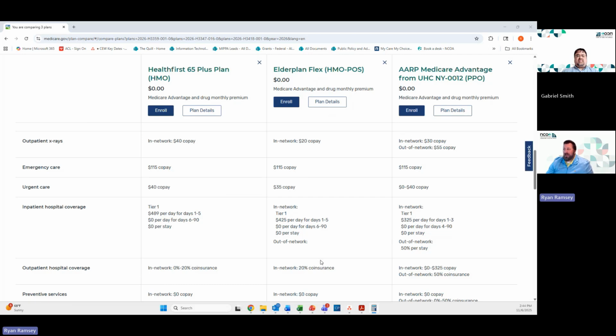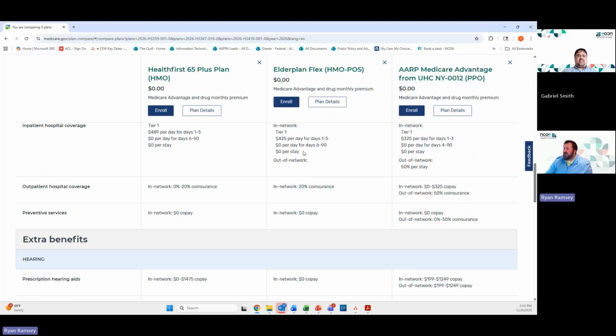Under this one, if I went into an in-network hospital, I'd be paying about $2,000 for a week, I believe $2,125 specifically. And then under this one, I'd be paying $975 for that time in the hospital. Of course, if I went out of network, I'd pay 50% of whatever the cost is.